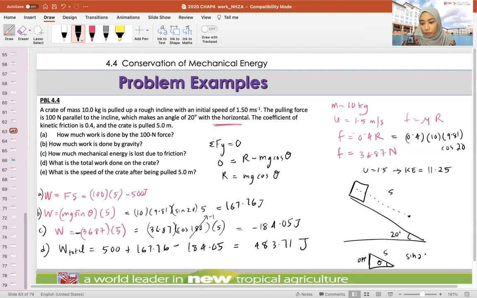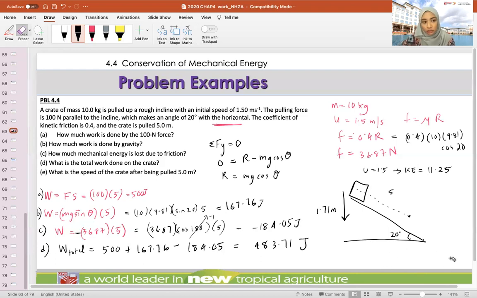So sine of 20 would be opposite over 5. So sine 20 times 5 would give you 1.71. So if this box traveled 5, it would have traveled down by 1.71 meters. So this is the decrease in height. Can you guys guess where we're going with this?